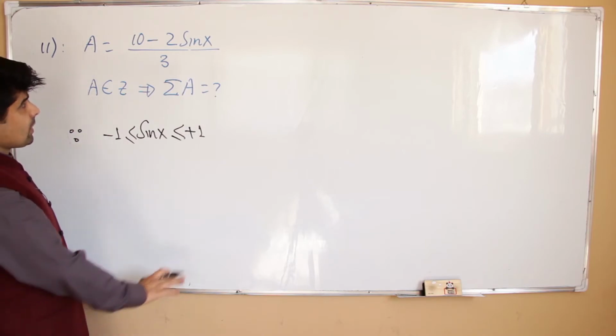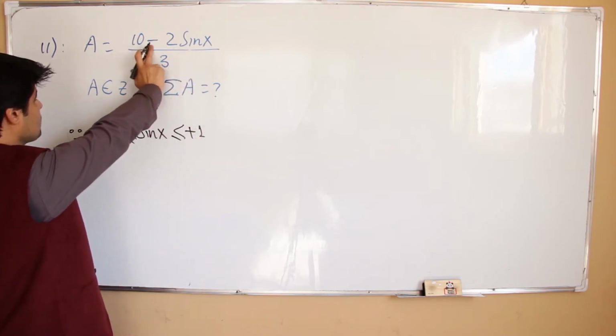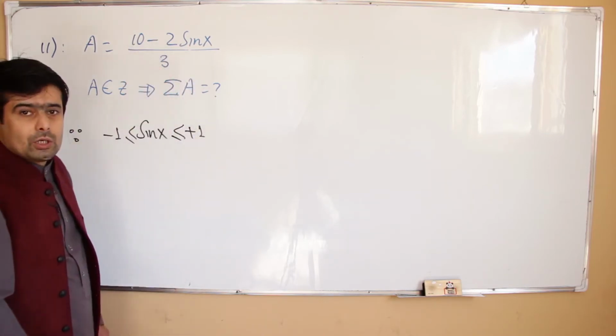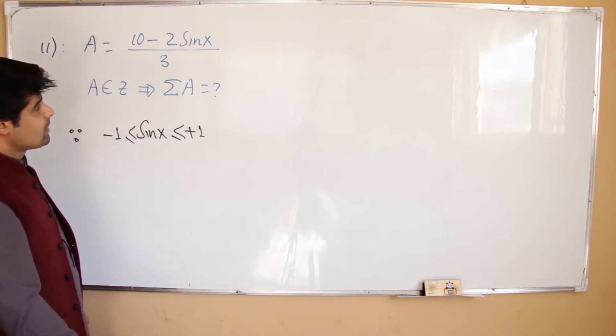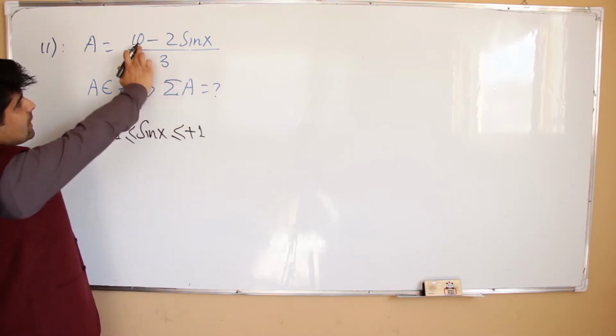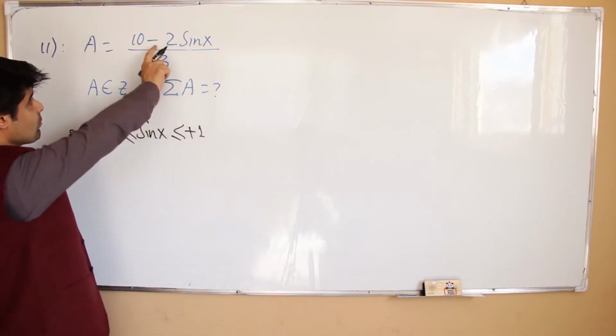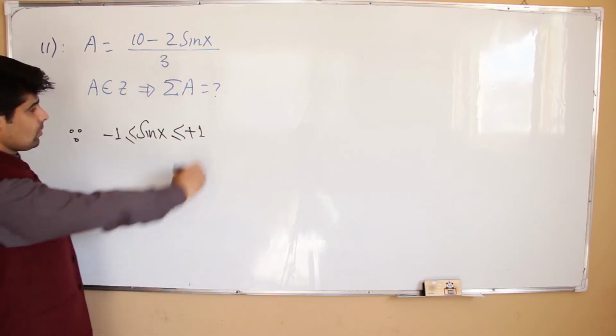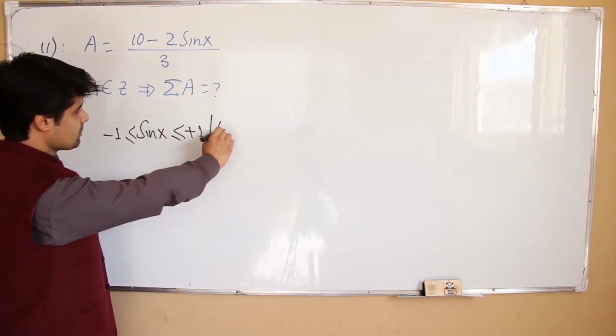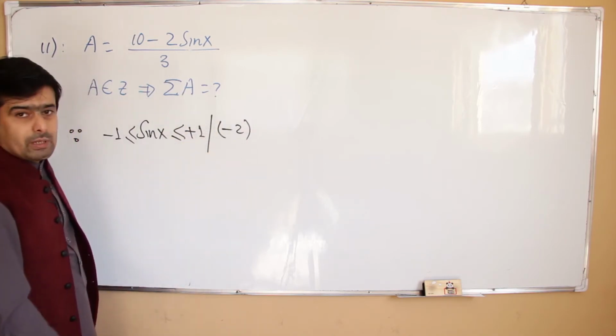But our question is not sine x. It is (10 minus 2 sine x) divided by 3. So we have to make the form of 10 minus 2 sine x in here. First we have to put -2, so I will multiply both sides by -2.